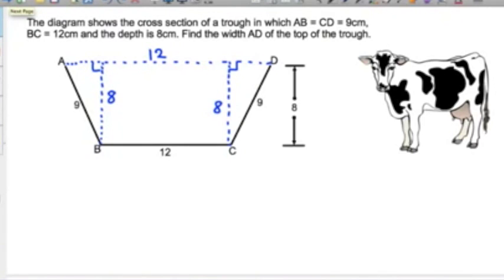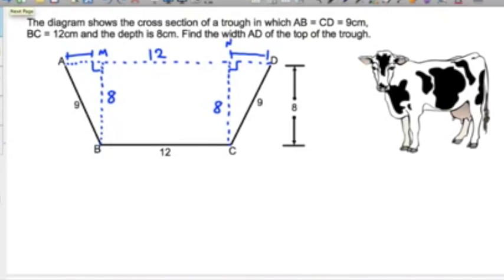I know that this is 8. Now what I need to do is find this value here, because I know it's a uniform trough, so I know that the distance from here to here, let's call this N, and let's call this M. I know that the distance from N to D is going to be the same as the distance from A to M.